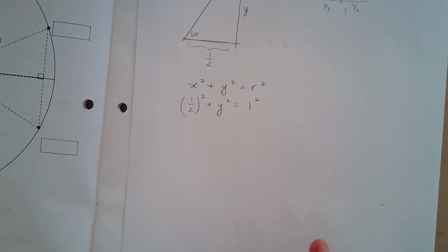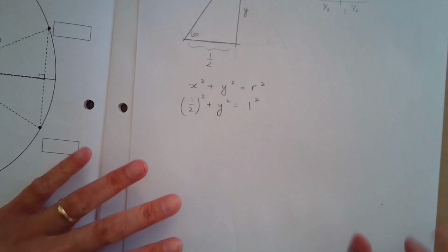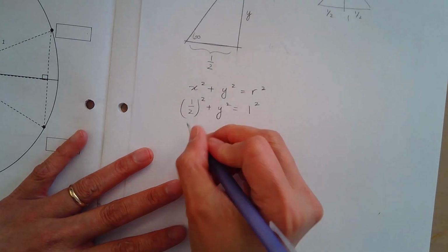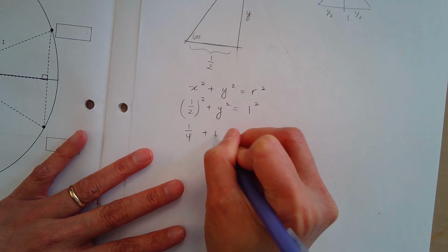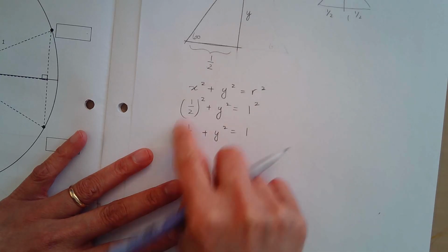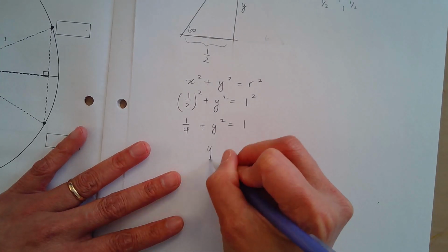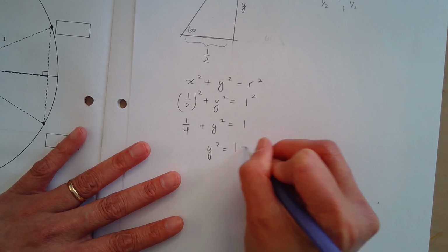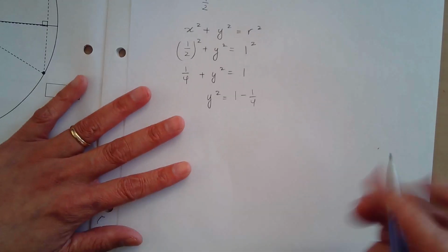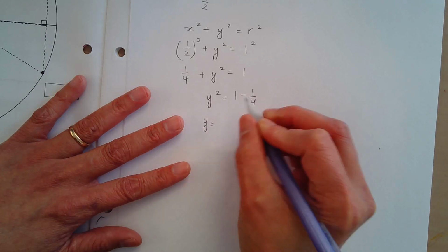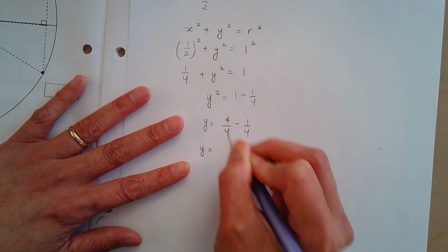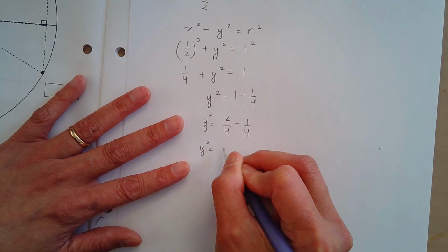You're just a few steps ahead of me. So this is 1/4 plus y squared equals 1. I have to subtract 1/4 on each side. So y squared equals 1 minus 1/4. You know me by now, I like to show my work. So 4/4 minus 1/4 equals 3/4.